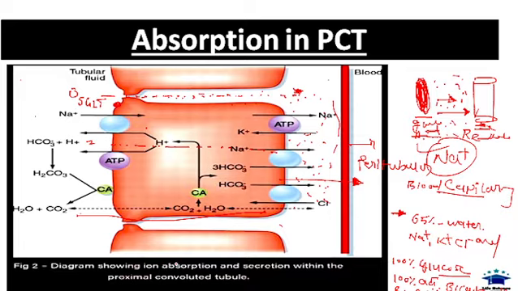For example, sodium is co-transported with amino acids and with glucose. Sodium moves down its concentration gradient, creating an electrochemical gradient for the sodium potassium ATPase.